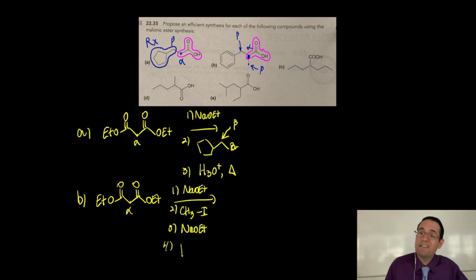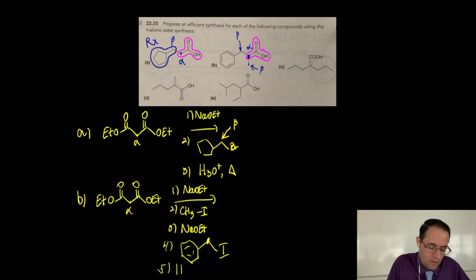And what alkyl group do we need here? We need the 6-membered ring, and we need that beta carbon there. So you need to make sure that you have that carbon, and then put a good leaving group there. It could be bromine, it could be iodide. Iodine or bromine is good. And then step 5 is always do the H3O plus and heat. So that's how you get the product there.